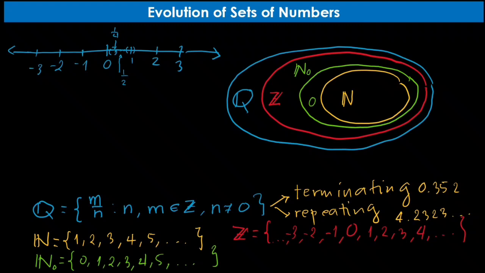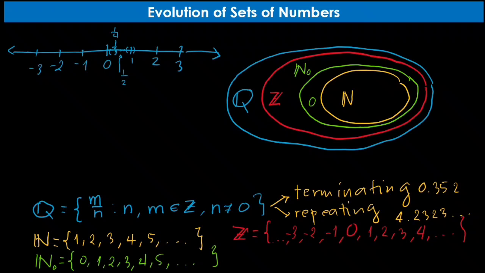Hippasus belonged to the Pythagorean group, which was founded by Pythagoras, and he was killed because of his discovery that there are numbers beyond the rational numbers. The Pythagoreans during that time believed that all numbers can be expressed as a ratio of two integers, but they were wrong and they were disappointed by this discovery.